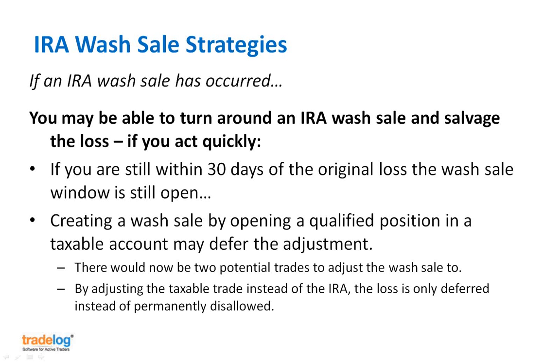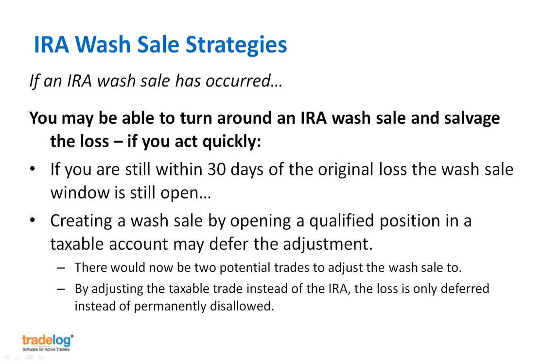Instead of going to the IRA, there's now the option to adjust it to the taxable trade. So in essence, there's two potential trades to adjust the wash sale to, and by adjusting to the taxable trade, we simply defer the loss rather than permanently disallowing the loss.